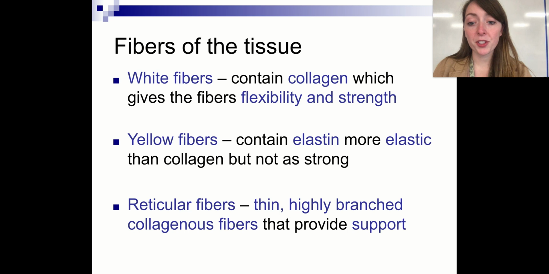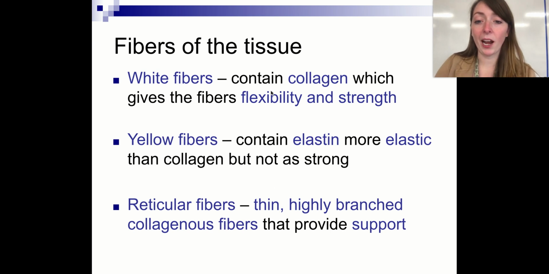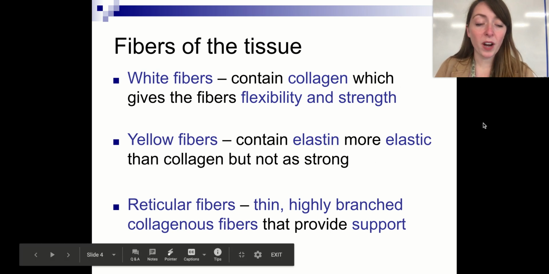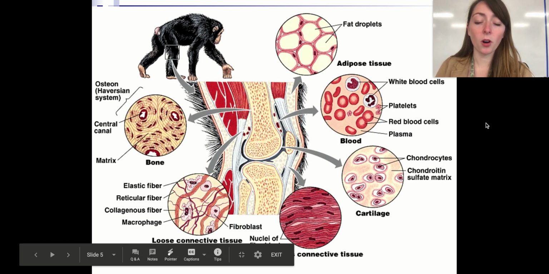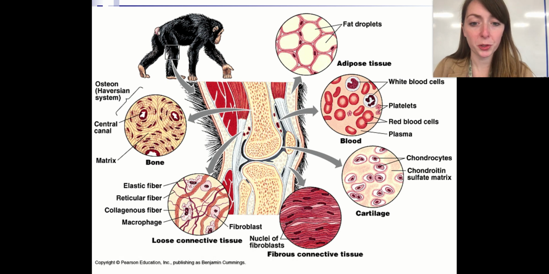Reticular fibers are thin and highly branched. They have collagen that provides support, but they're a lot more thin. So depending on which fiber is present and how many of each, it's going to determine the structure as well as the function of that connective tissue. So we'll see these fibers appearing in all different types of connective tissue.